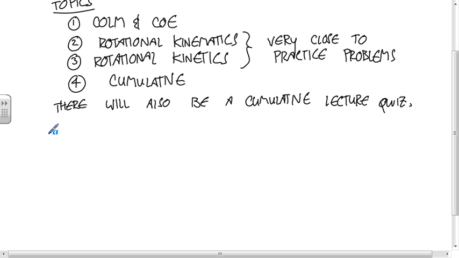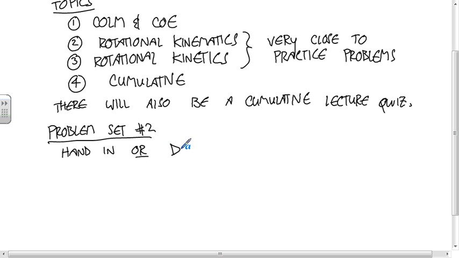And then there's also problem set 2. You can hand that in, or you can scan it and put it in the D2L Dropbox. And that's due by Friday, 12/20.